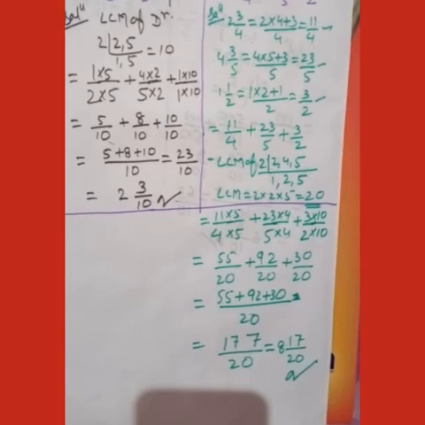Mixed fraction is given, first you convert it into improper fraction. Second step, take the LCM of denominator if the denominators are different. Then we have to convert all fractions into like fractions, and then you solve it, okay student.